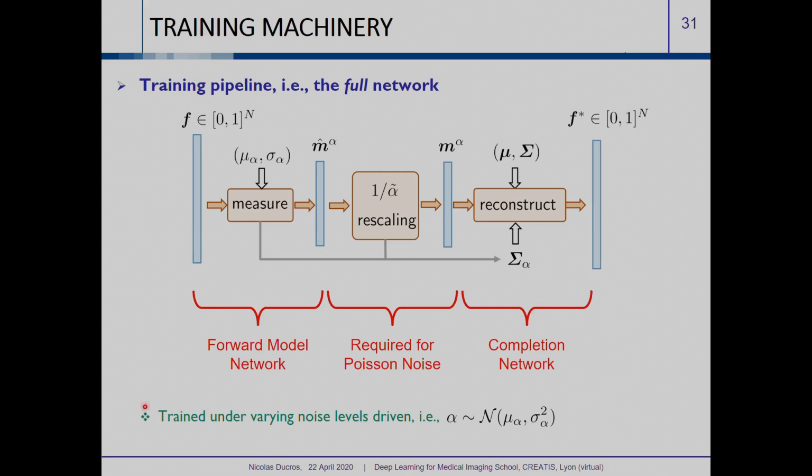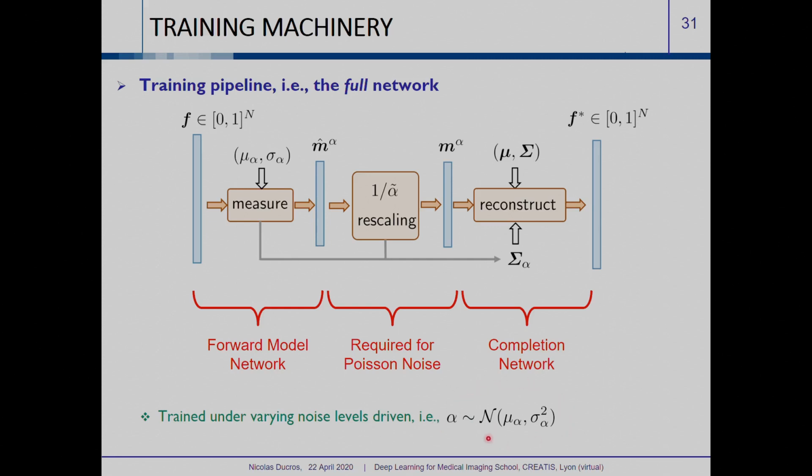Something important I would like to underline is the fact that to be robust to noise, you have to train the network at varying noise levels. This is why here we consider alpha as a sample from a Gaussian distribution. So alpha, once again, is the image intensity.